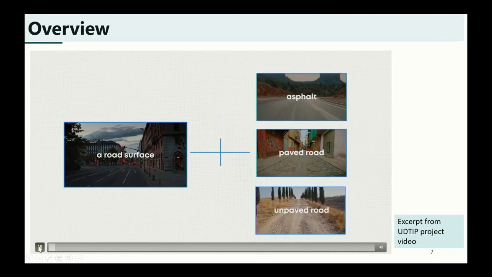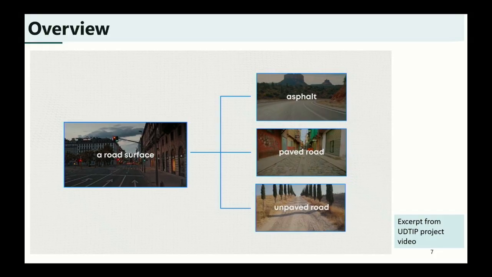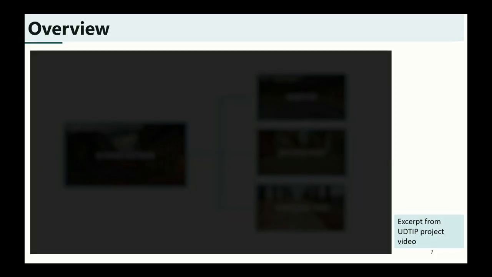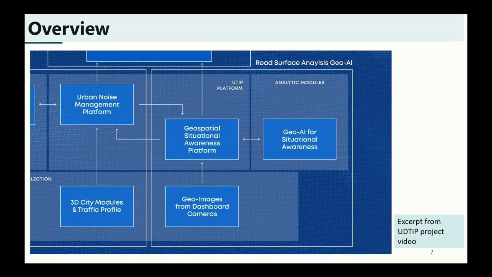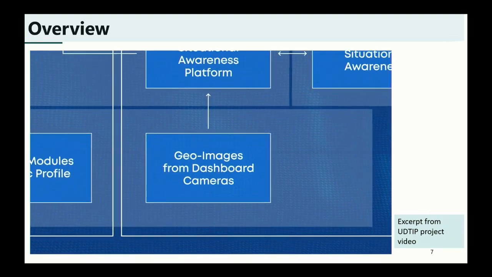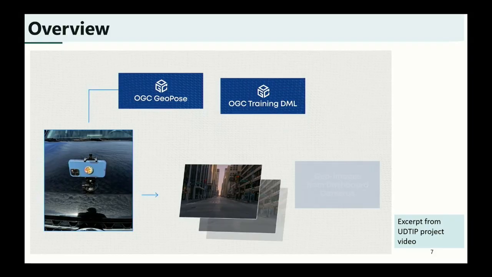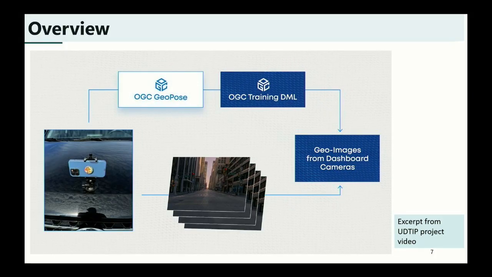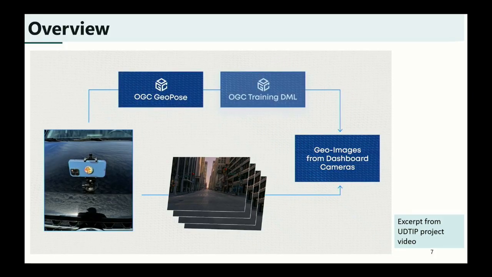The system classifies road surfaces into categories such as asphalt, paved or unpaved roads. The workflow consists of 3 steps. Camera images are captured using smartphones mounted on mission vehicles. These images, along with geospatial data, are processed into OGC GeoPose and OGC TrainDML formats for AI training.